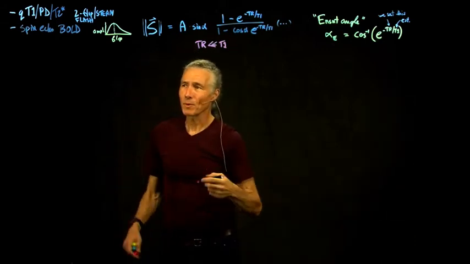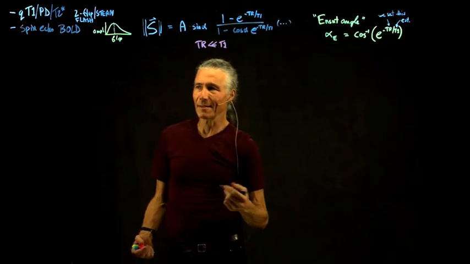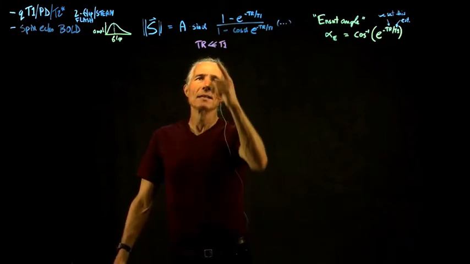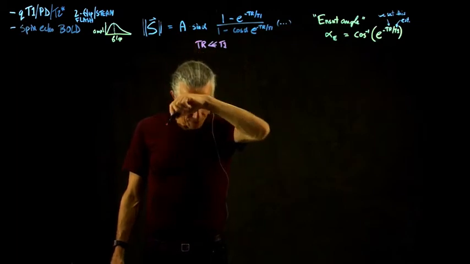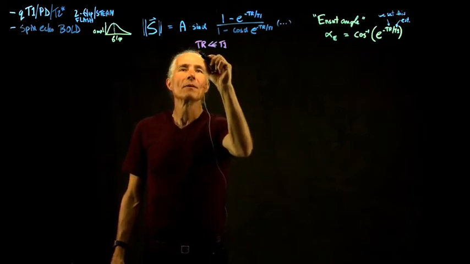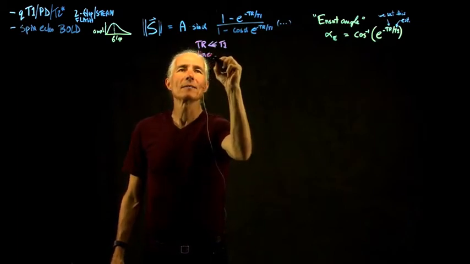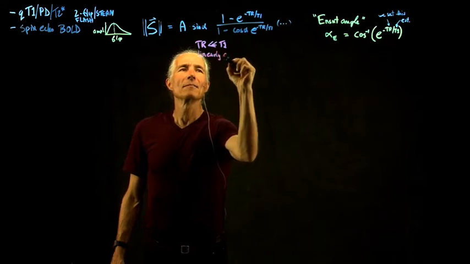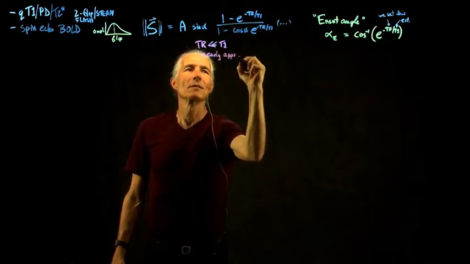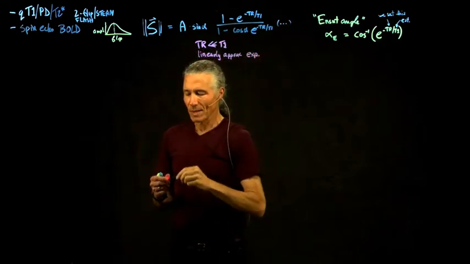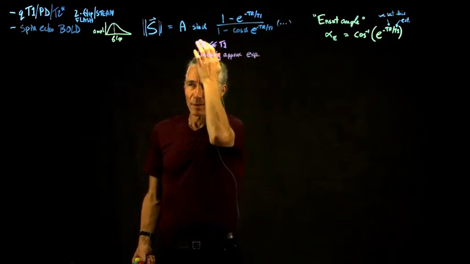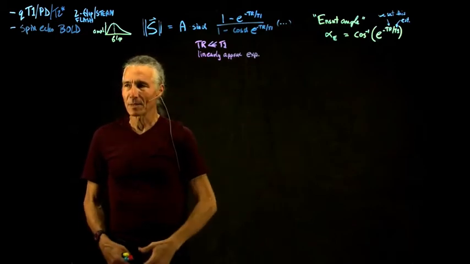T1 might be 1 or 2 seconds, and if our TR is like 7 milliseconds or something like that, it's much less. And then what we want to do is linearly approximate those exponentials, because we want two linear equations that we can use to solve simultaneously.